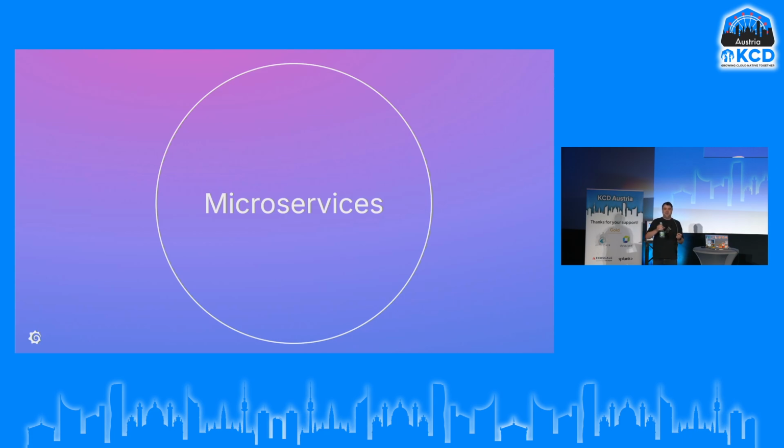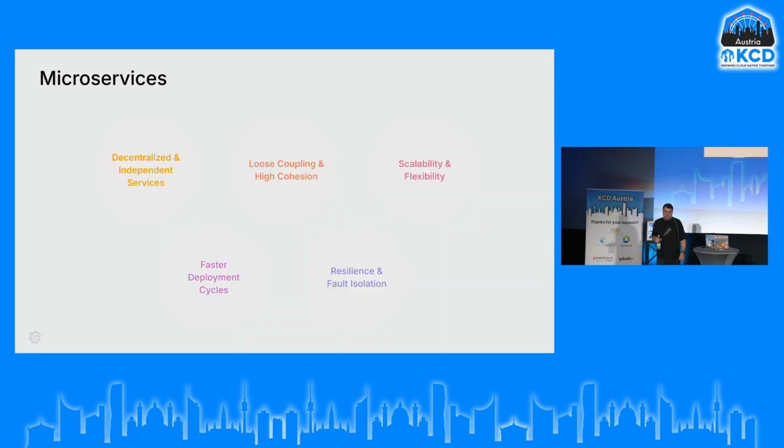It was a path going there, right? It was an evolution as well on its own. But microservices do assume some of the same tenets or philosophies of Agile, so we can make some parallels here. One of them is the idea of decentralized and independent services, right? So we now have services that can be managed separately.